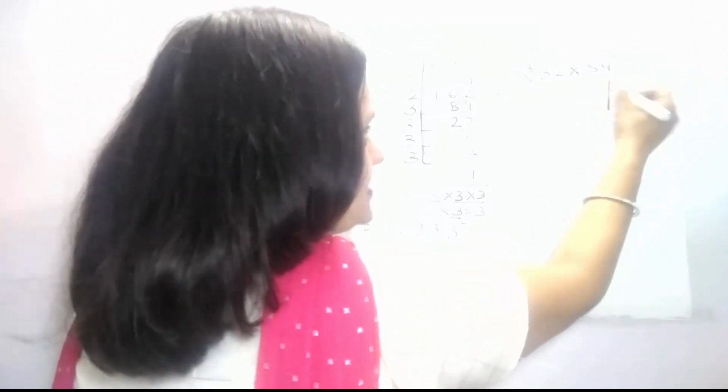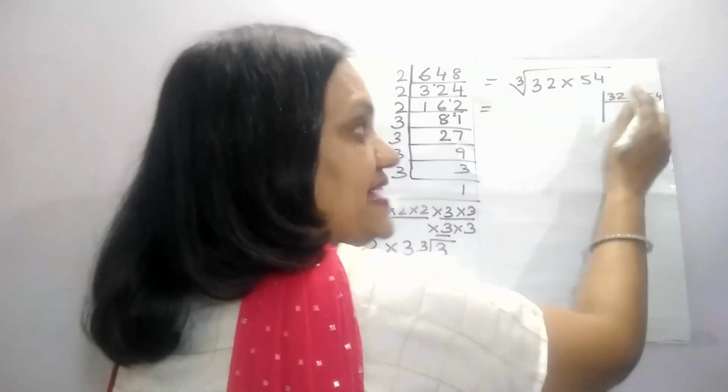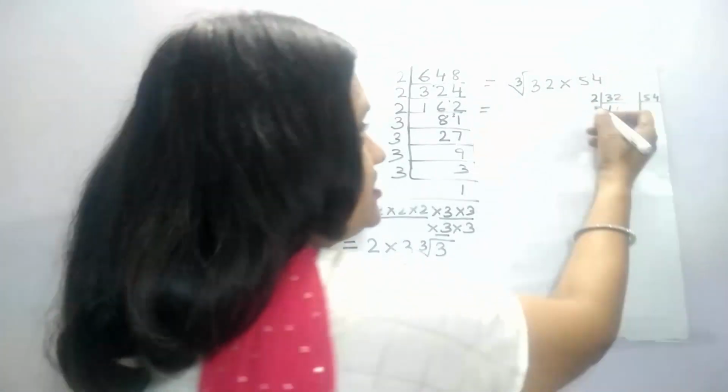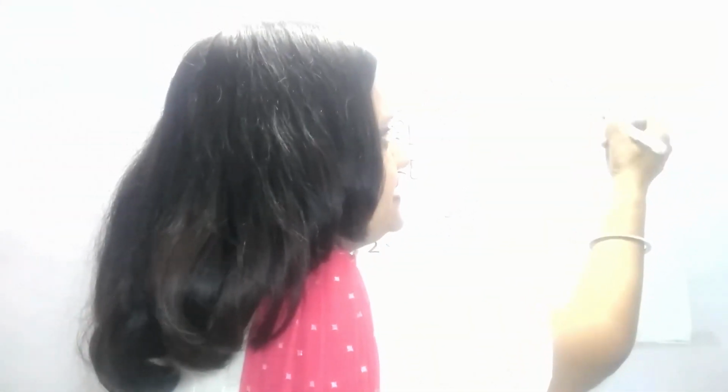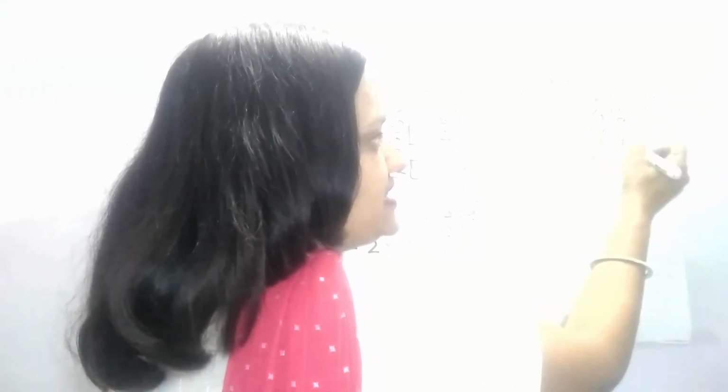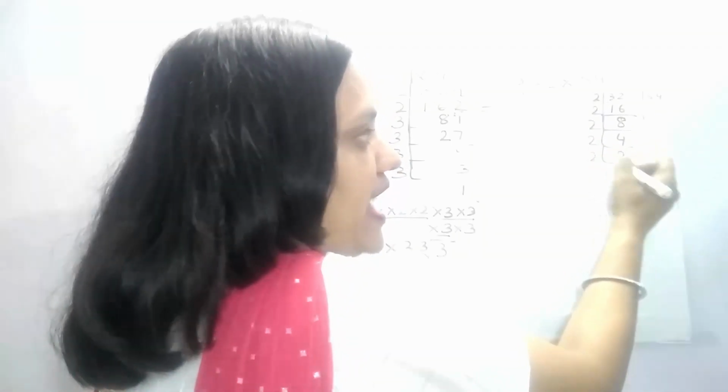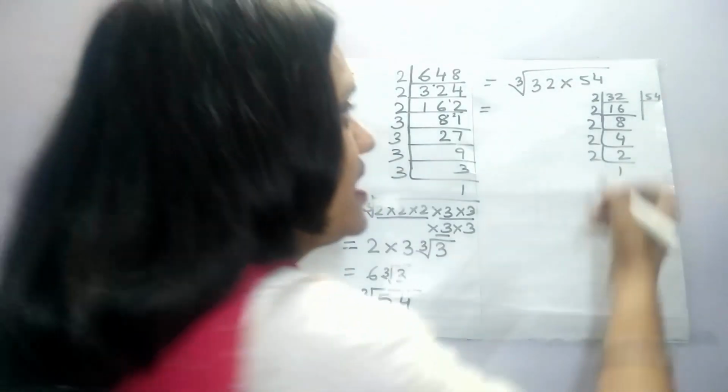Let's prime factorize 32 and let's prime factorize 54. 2 sixteens are 32, 2 eights are 16, 2 fours are 8, 2 twos are 4 and 2 ones are 2. Let's prime factorize 54: 2 twenty-sevens, 3 nines, 3 threes, 3 ones.